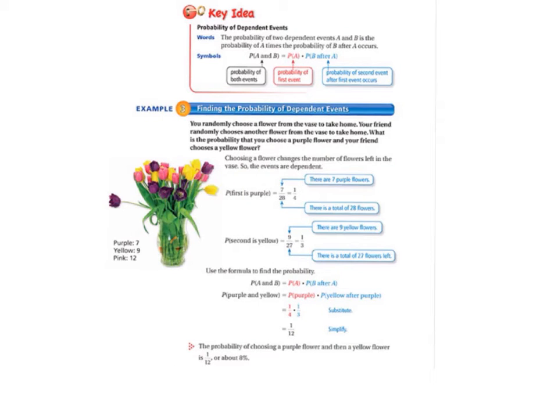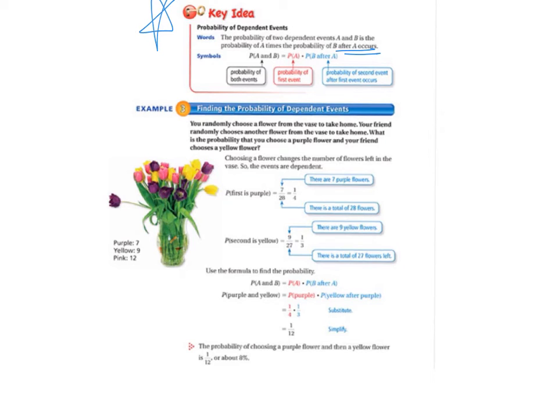Now we're going to move on to page 408. Take a minute and write the key idea at the top of this page, the probability of dependent events. The probability of 2 dependent events, A and B, is the probability of A times the probability of B after A occurs.